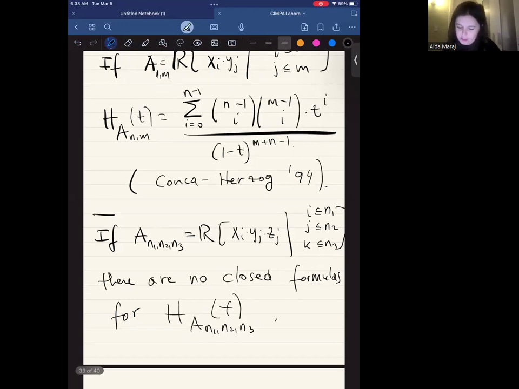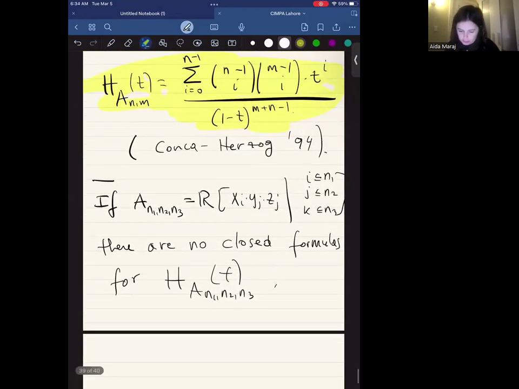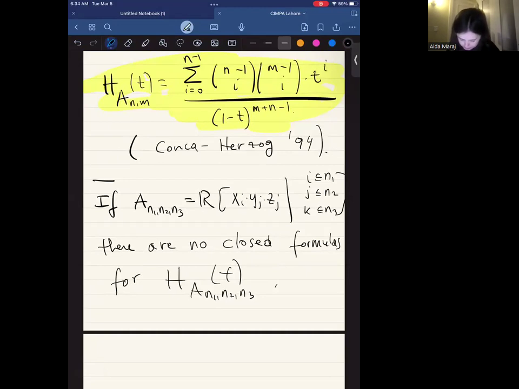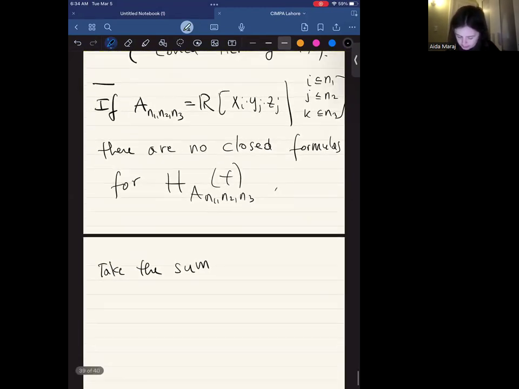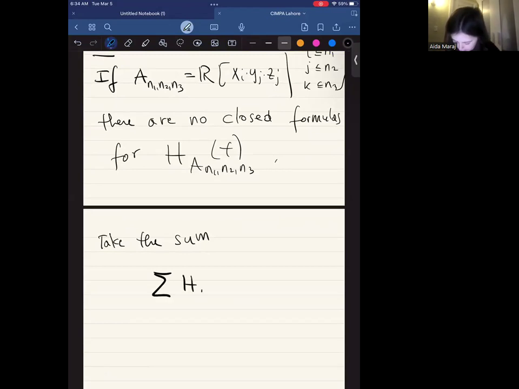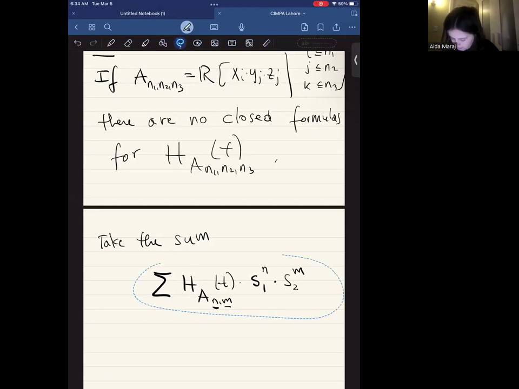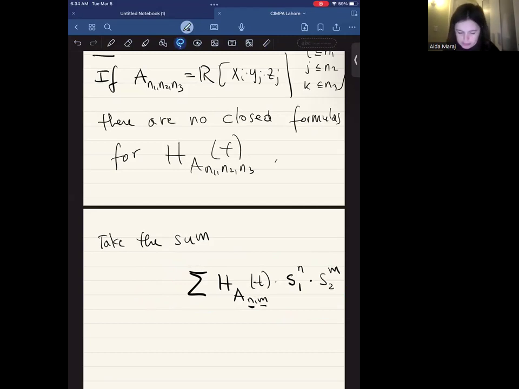So even though this formula here looked like a lot of work and not that hopeful for generalizations, if we take that formula, take the sum of the Hilbert series of A, N, M of T, and I'm going to record N and M, so S1 to the N times S2 to the M, this will be like another series.